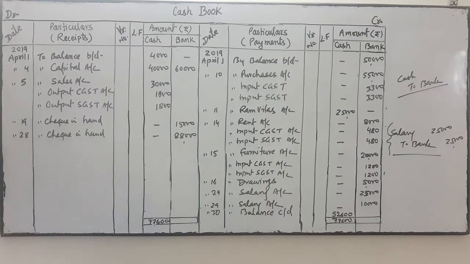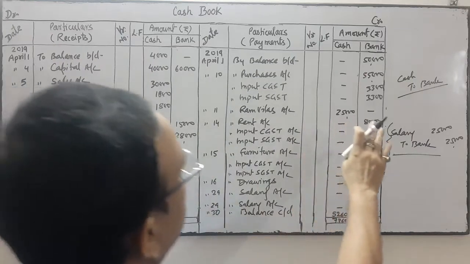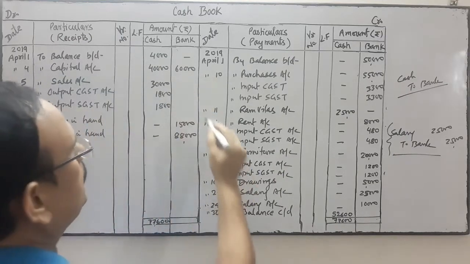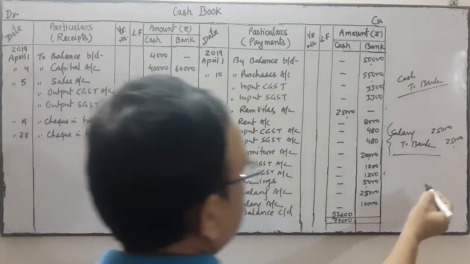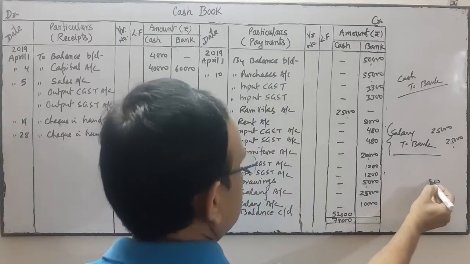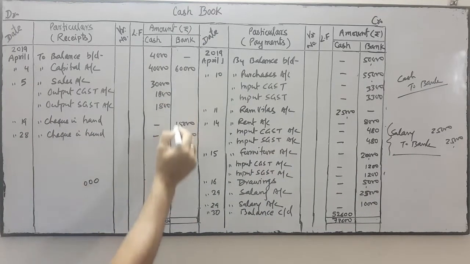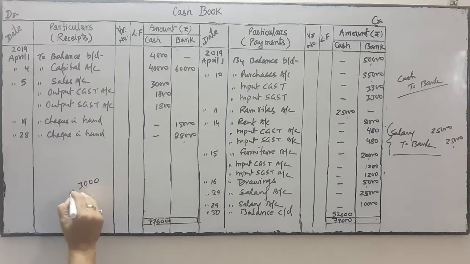Now we'll see the bank. Which side total is more, credit side or debit side? So we do the total roughly over here. The debit side total is 1,63,000.